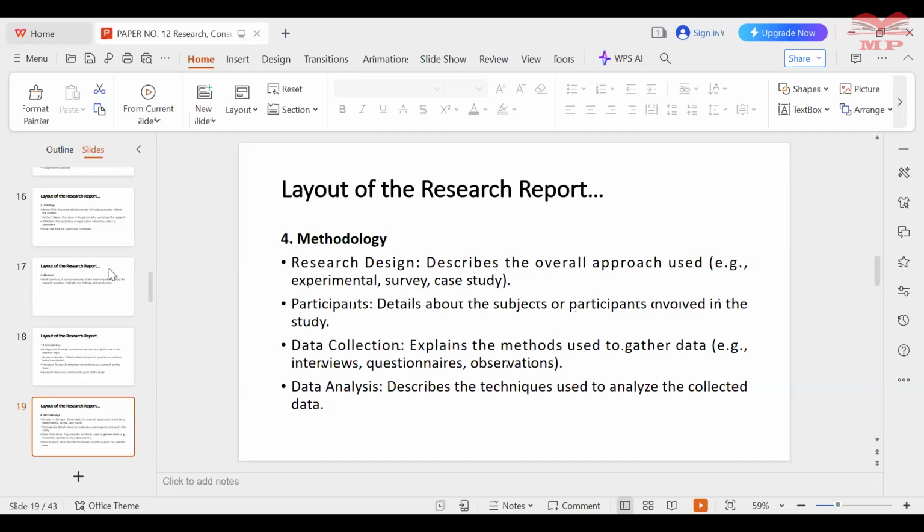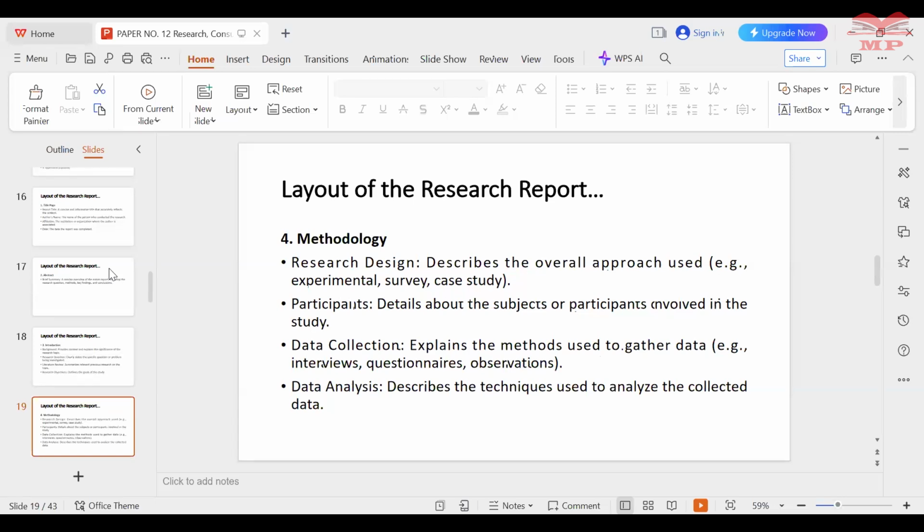For example, a study may adopt an experimental design, a survey design, or a case study. When it comes to the participants, the details about the subjects involved in the study are provided in relation to the population of that particular study.